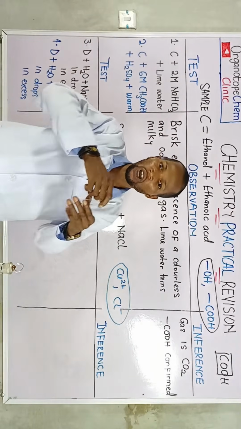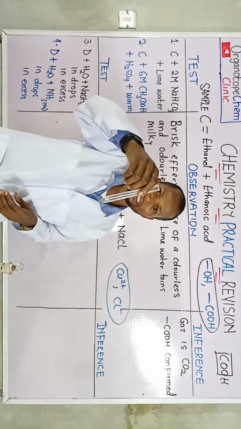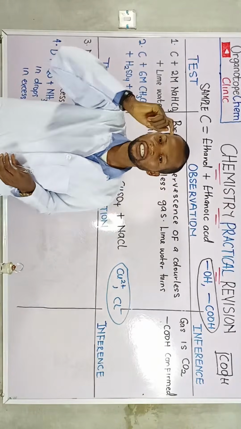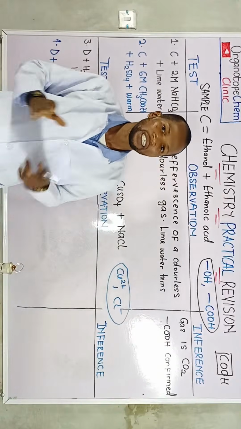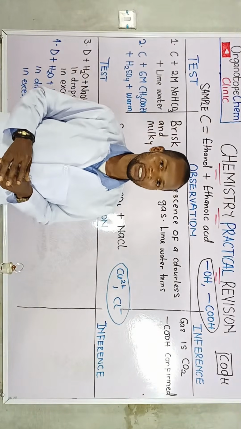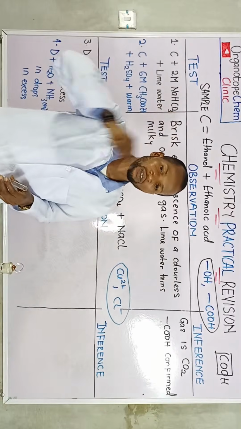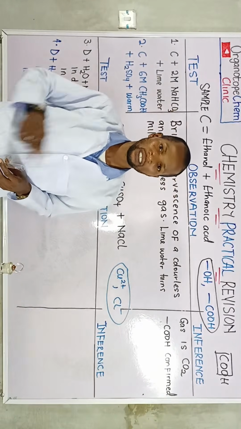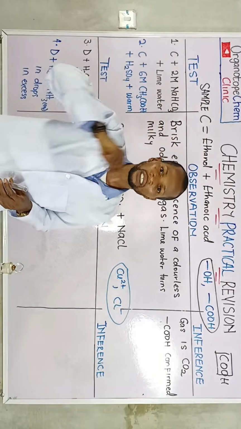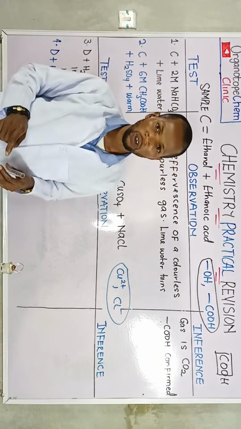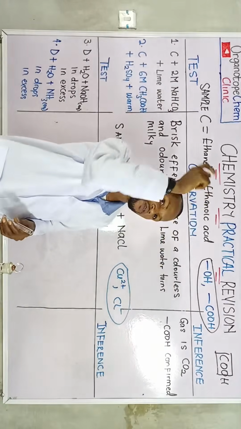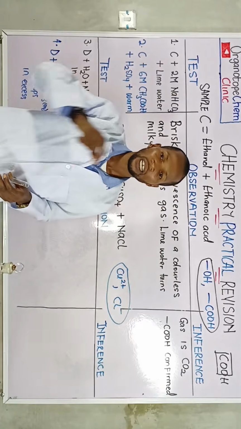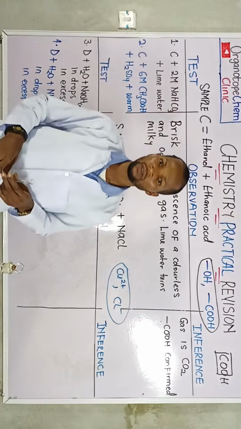If you make use of hydrochloric acid for this test, it is less effective, or it eventually slows down the esterification process. Is that okay? So the right acid to use for test number 2 is H2SO4. Your lab instructor can pick the H2SO4 from quantitative analysis and use it in qualitative analysis.